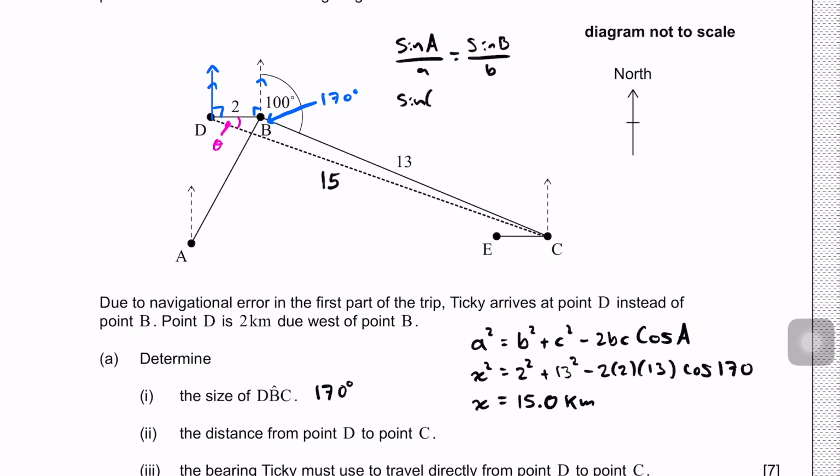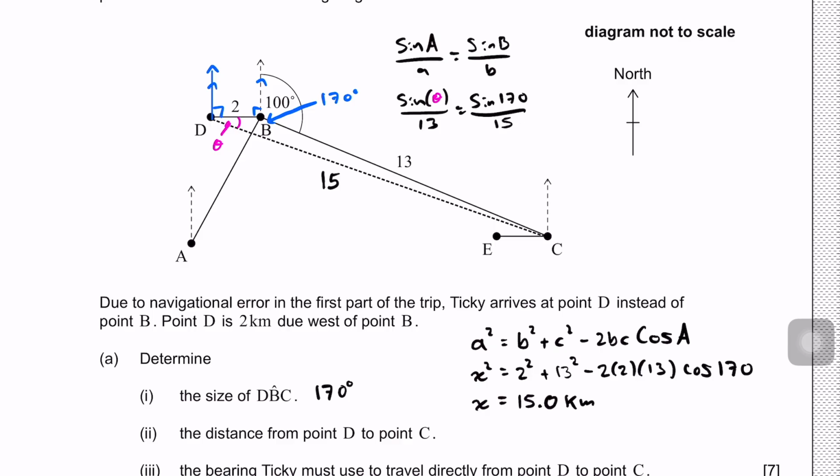Sine theta over, and what side length is it opposite to? It's opposite to 13. Equals sine B, and you could use any one, but we have this angle and this side length, sine 170 over 15. Now we've got an equation with only one unknown.